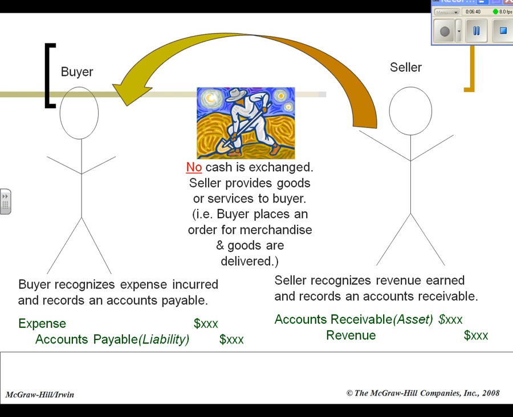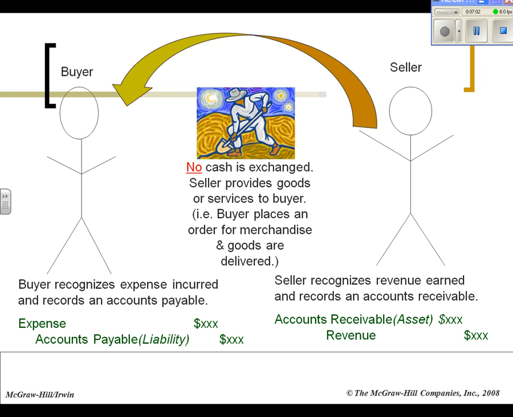Well, they're going to record that expense immediately and then record a payable. They're not going to pay the vendor for the flour. Maybe the terms are the vendor says you don't have to pay me until March 10th. And so the buyer is going to hold off and set up this accounts payable.